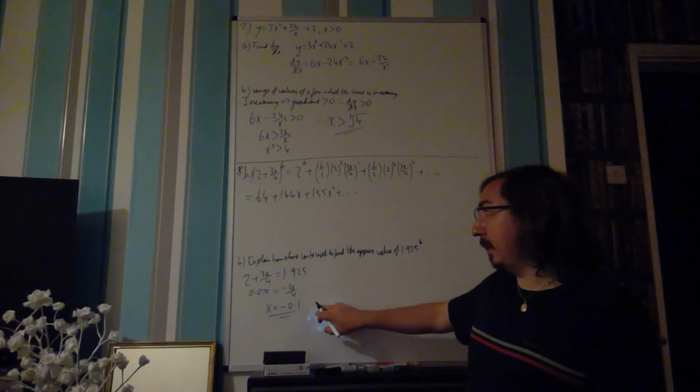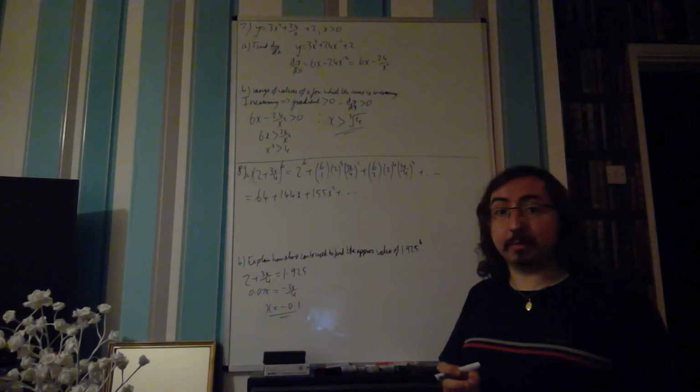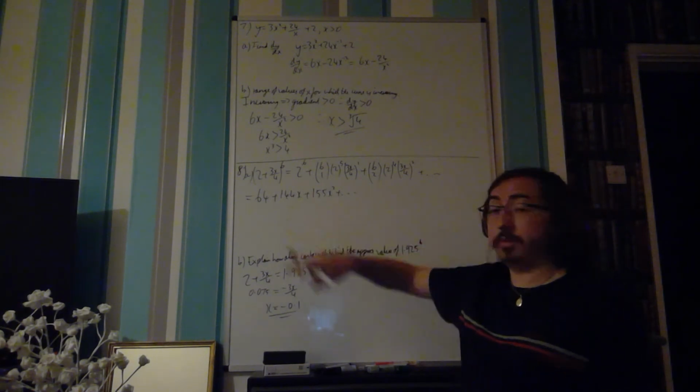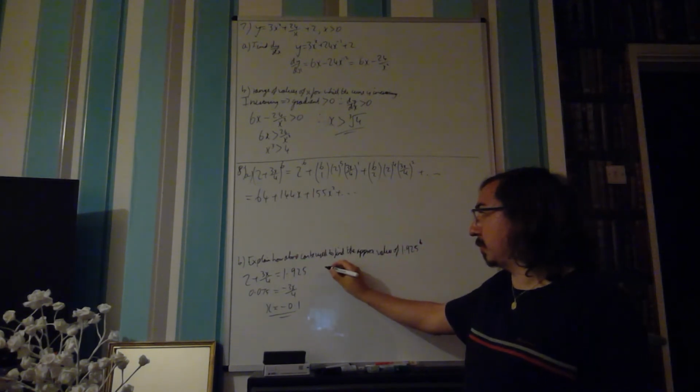Now, if you get that, we're nearly there, because the explanation says, well, what are you going to do with that value? Well, all we simply do is substitute it into our expansion. So that's just what we need to write.